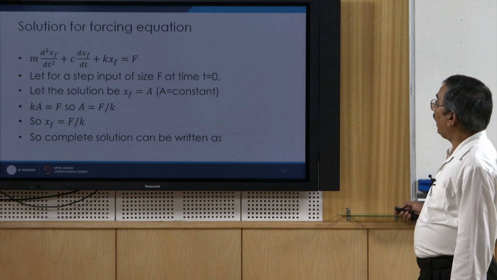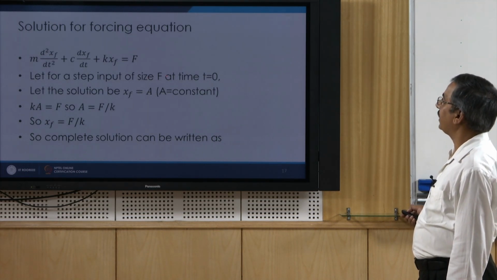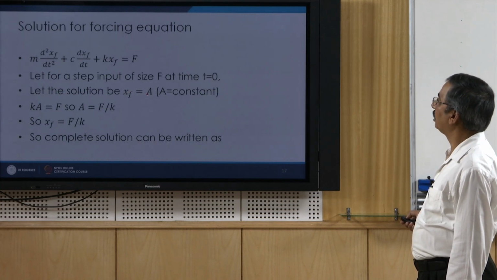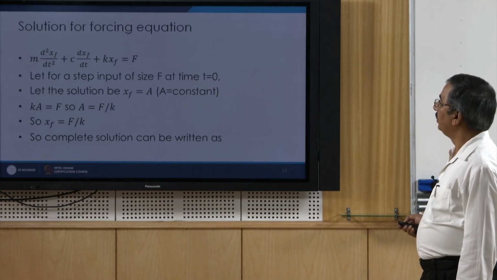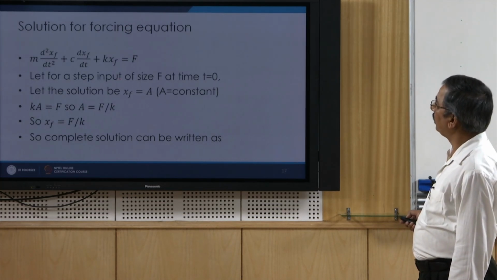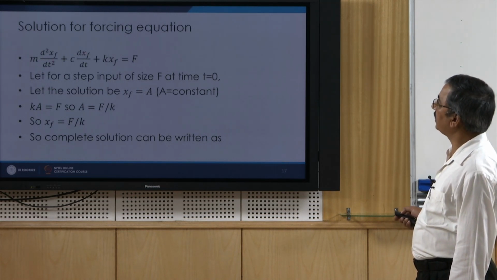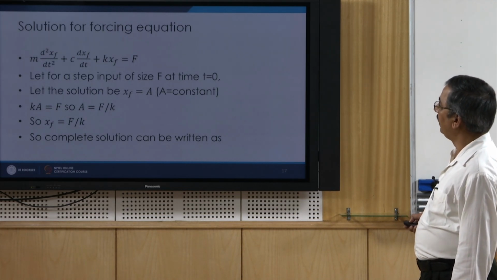So, I can assume, say, a step input of size f at time t equal to 0, and I assume the solution as xf equal to a, where a is a constant. If I take xf equal to a and substitute it here, these two terms are going to be equal to 0. So, what I will have is Ka equal to f, and from here I can find A as f by k, and this is going to be my solution.